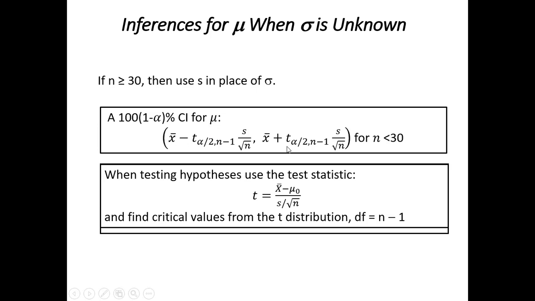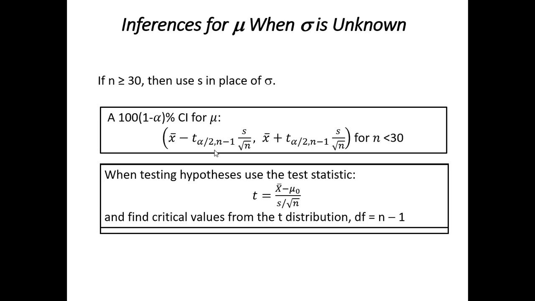I still have x bar, and I have plus or minus. Now I have this term t from a t-distribution, and then we multiply by the sample standard deviation over the square root of n. So this is similar to what we had. Here we're just using a t-distribution. We still have the alpha over 2, but now t-distributions have a new wrinkle, something called degrees of freedom.